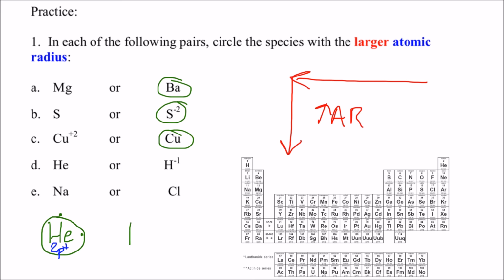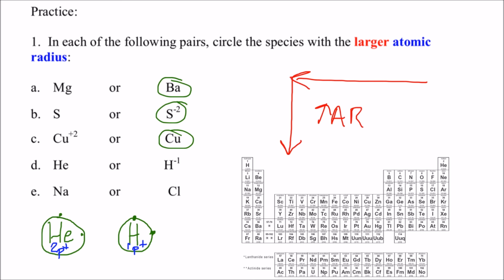Then here we have hydrogen with 1 electron in the first energy level and it's got 1 proton in the nucleus, and now we need to make this the anion, so we add 1 more electron.